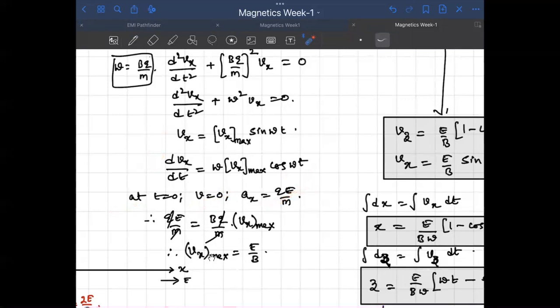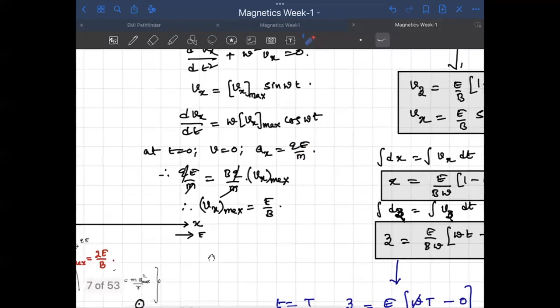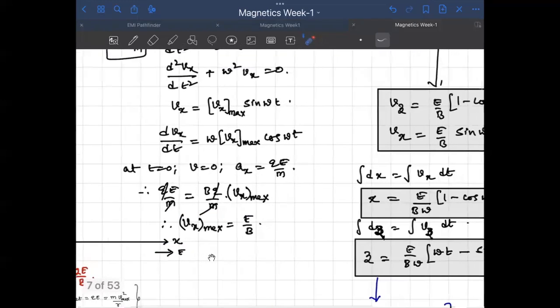So I am substituting that part here. QE by m is equal to BQ by m times Vx max. Now I got an expression for Vx max. Vx max is nothing but E by B.